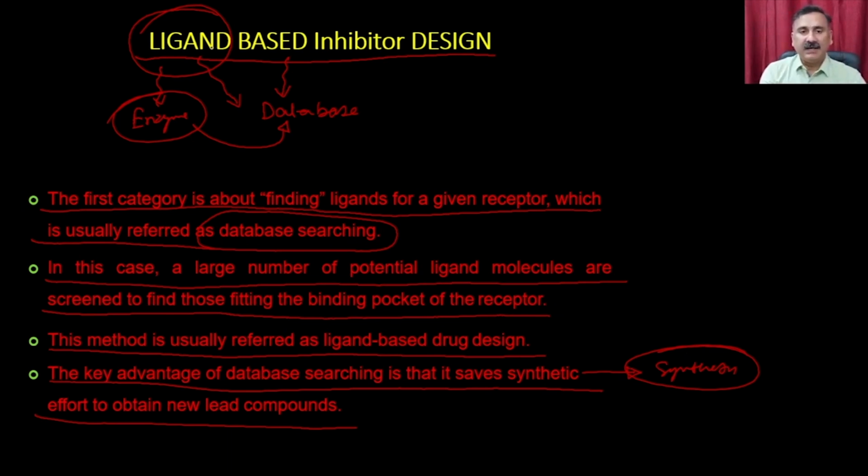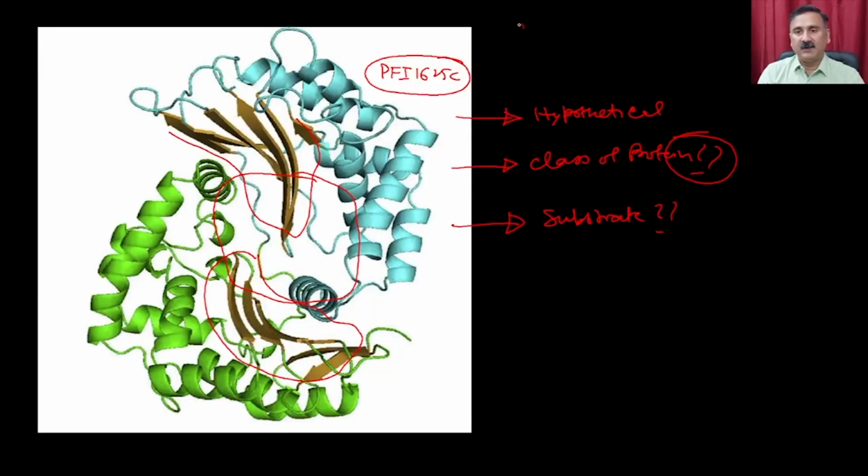Because if this ligand is good, and if you search the database and find an alternate molecule exhibiting similar properties, this means that it is also going to be an inhibitor. Now let's see another case study, how you can use the ligand-based approach.